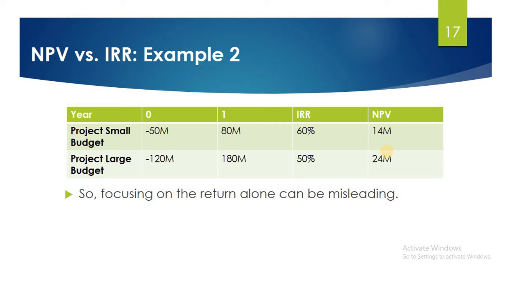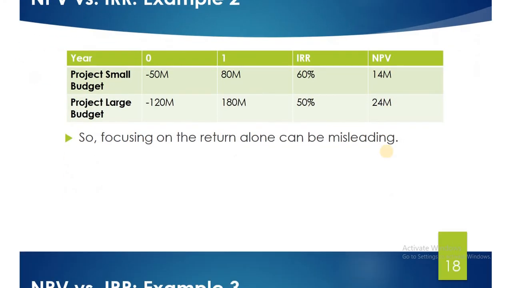So the large budget project will add 10 million more value to the shareholders or to the business. So based on NPV, we should definitely accept the large budget project. So over here again we see that IRR often gives us misleading outcome.